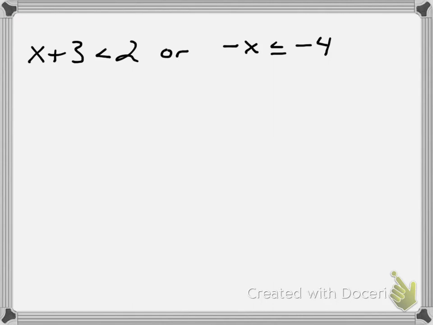If I'm going to do an OR inequality, there's no triple to it. You're just going to have two different inequalities with the word OR written between them. Okay? And you very simply solve two different inequalities like we did Friday, and you graph them separately on the same number line.